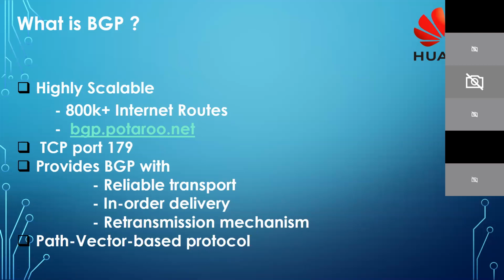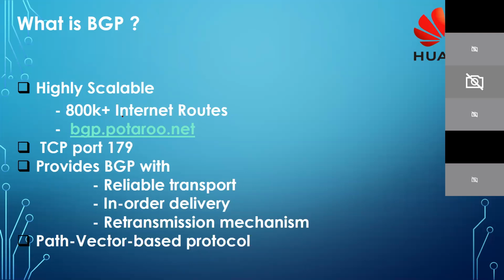In OSPF, for example, if a link goes down, OSPF can converge in less than 1 second. But we don't need that on the internet, because the internet has more than 1 million routes. When you have 1 million routes, you don't want every route to be discarded or recalculated whenever a link goes down.